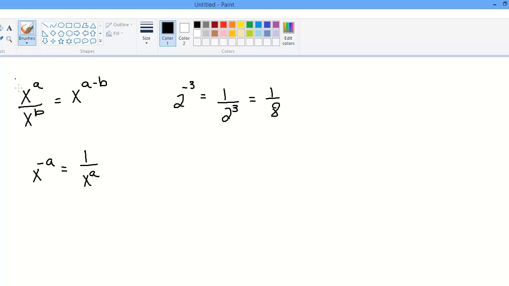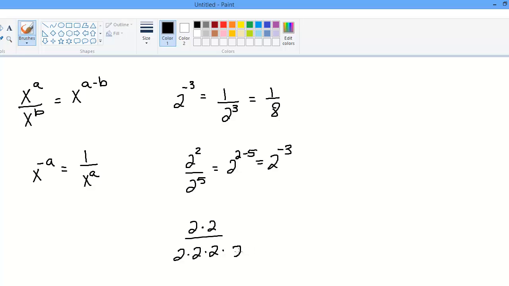And I can show this. So let's say, for instance, I had 2 squared divided by 2 to the 5. I would end up with 2 to the 2 minus 5, which is equal to 2 to the negative 3. I can expand this and say 2 times 2, and then 2 times 2 times 2 times 2 times 2.